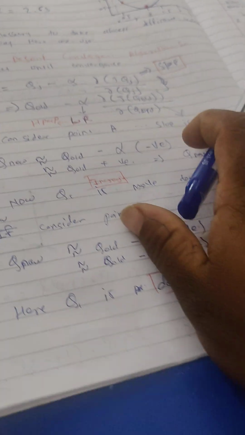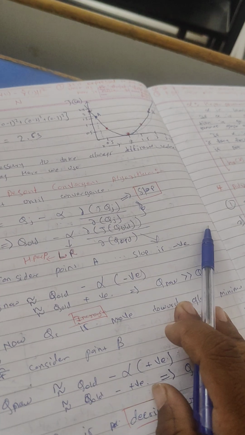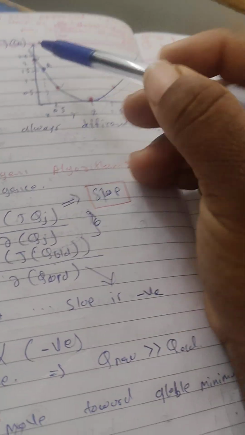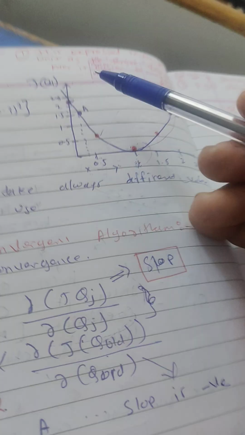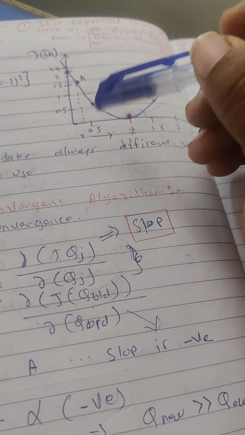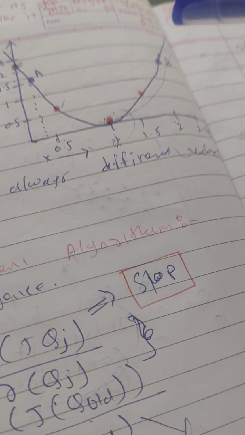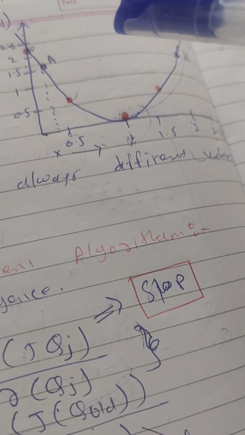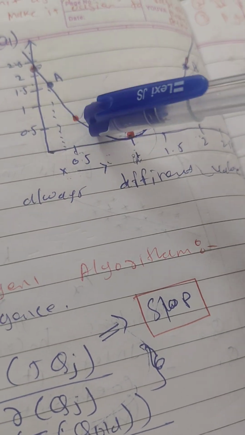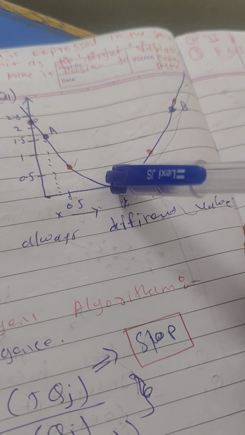Consider a point A with a negative slope. In this graph we have to understand how to decide whether the slope is positive or negative. There is only one simple trick: check whether the right-hand side of the line is going down or up.